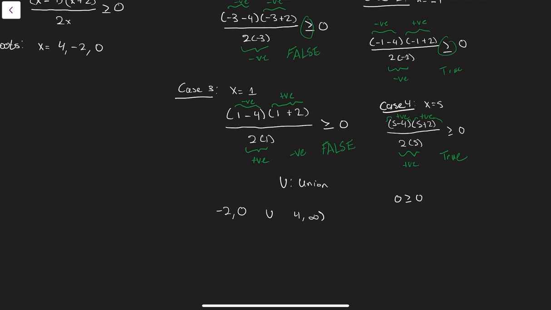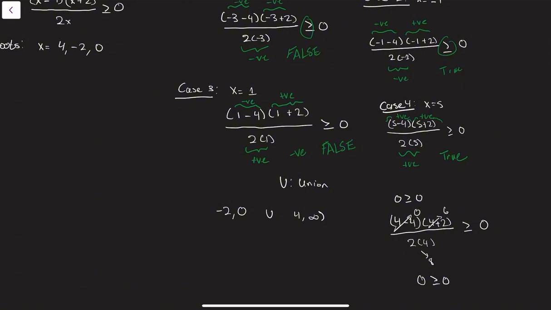So let's say, for example, we have 4 minus 4, 4 plus 2, 2 and 4, greater than or equal to 0. Well, this is 6, but this is 0, and this is 8, but 0 times 6 divided by 8 is 0. So you're left with 0 is greater than or equal to 0. But that's true because we have the greater than or equal to sign.